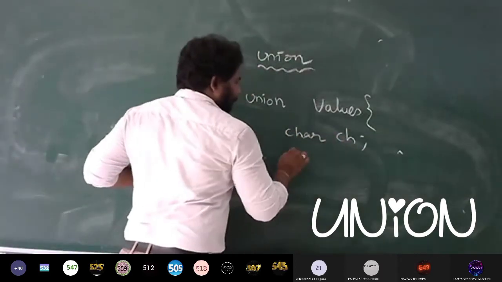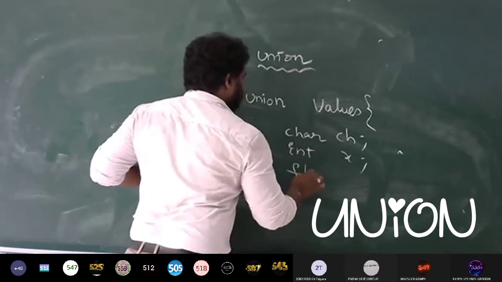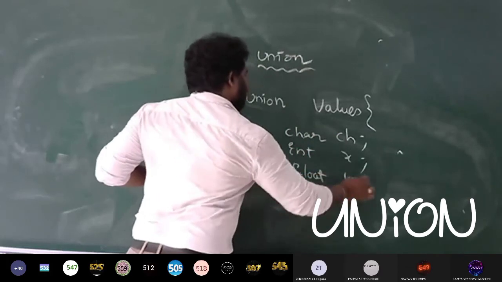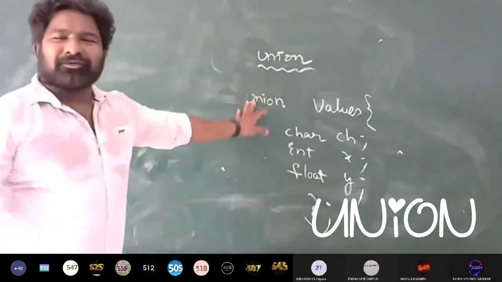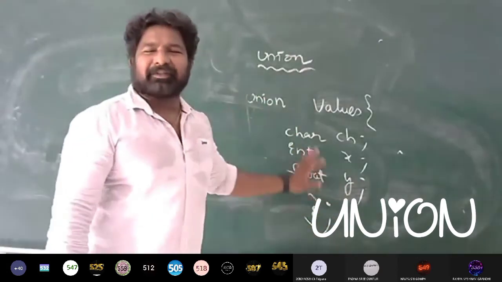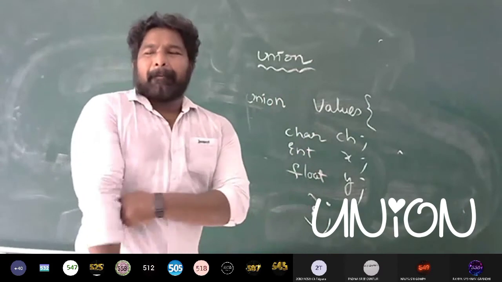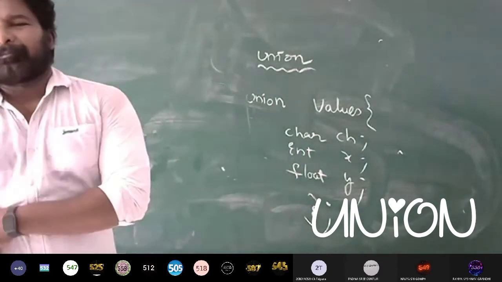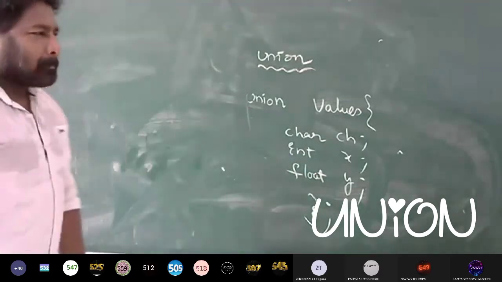One is character type, another one is integer type, and the third one is float type. So this is almost similar to the structure except the keyword union, right?